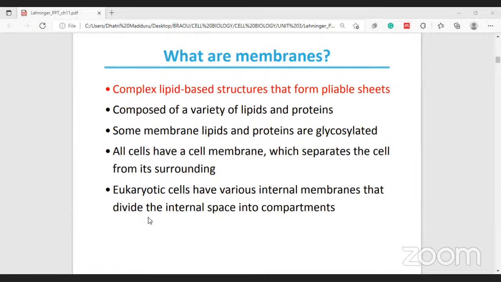Now, all cells have cell membranes which separate the cell from its surroundings. So what is the main purpose of the cell membrane? If you take our house as an example, we have different rooms. How do you distinguish a room?